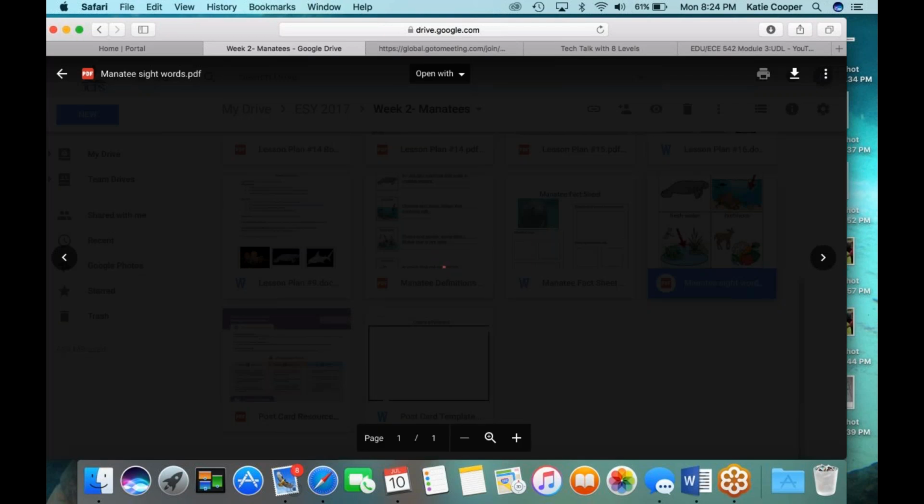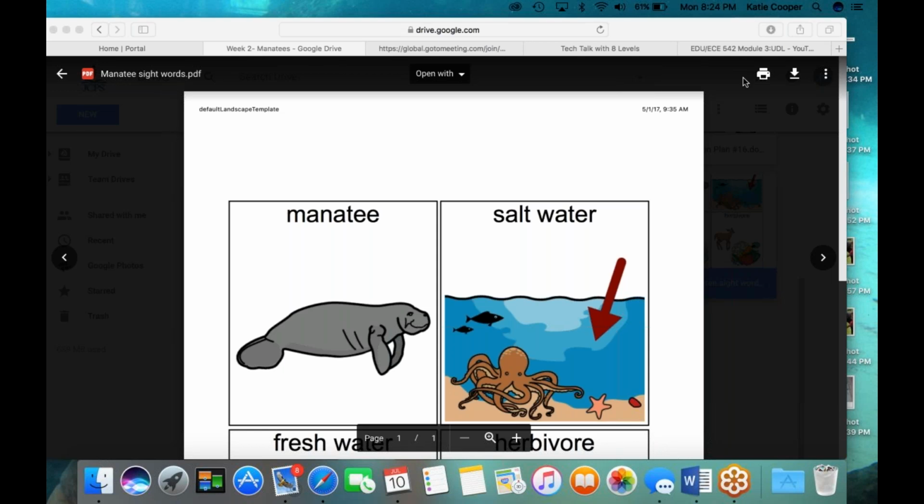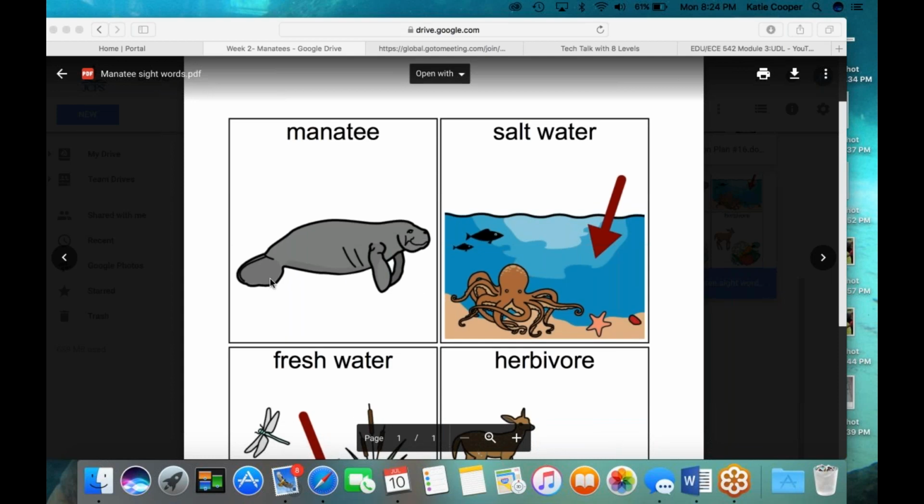All right, so here's an example of a picture symbol that you might use. Now these are pretty high tech or higher level, but it's basically just a picture of whatever it is. In this case, it's a manatee, and there's the word above it.